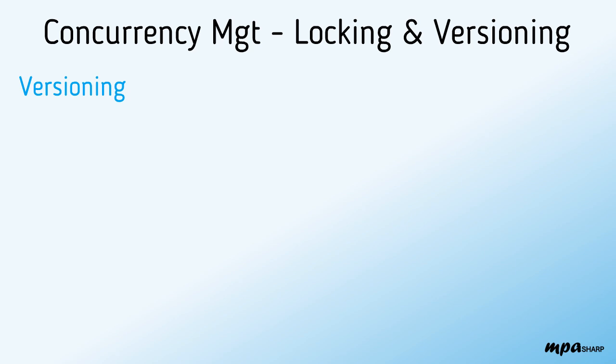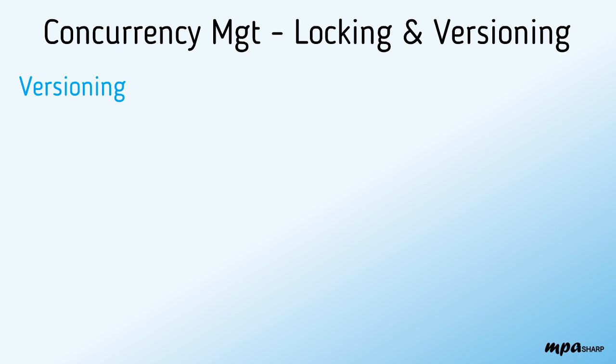When a row is modified, SQL Server keeps an older version in TempDB so that readers can still access the version valid at the start of their transaction or query.